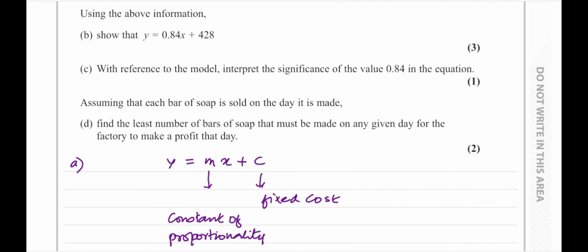Part C. With reference to the model, interpret the significance of the value 0.84 in the equation. You can see from the equation that 0.84 is the gradient, or the rate of change when the value of x changes by one. That means it represents the marginal cost of making 1 bar of soap.